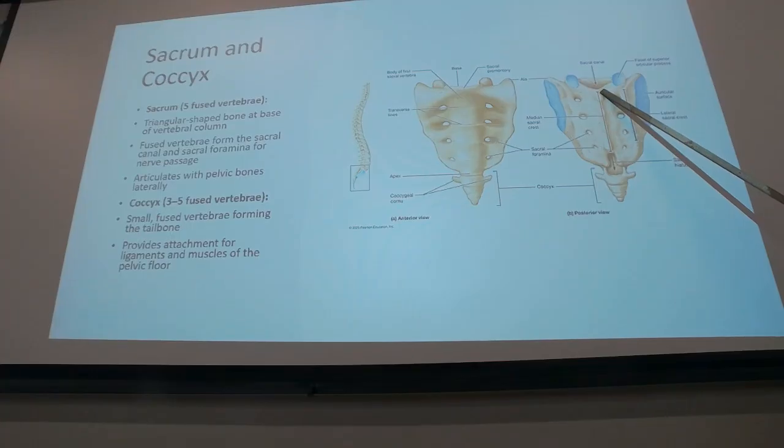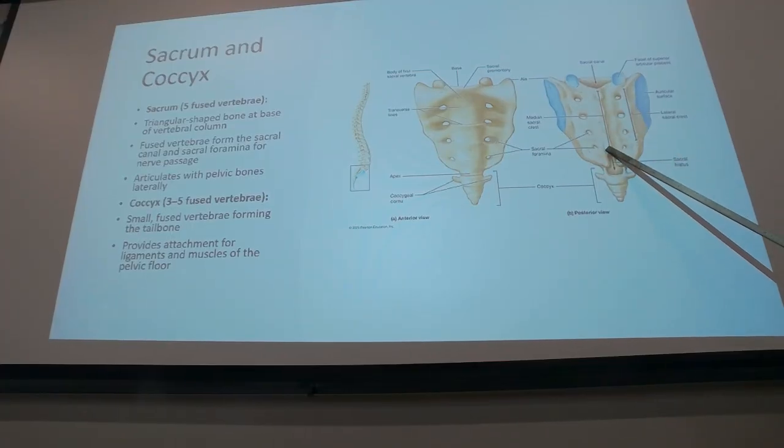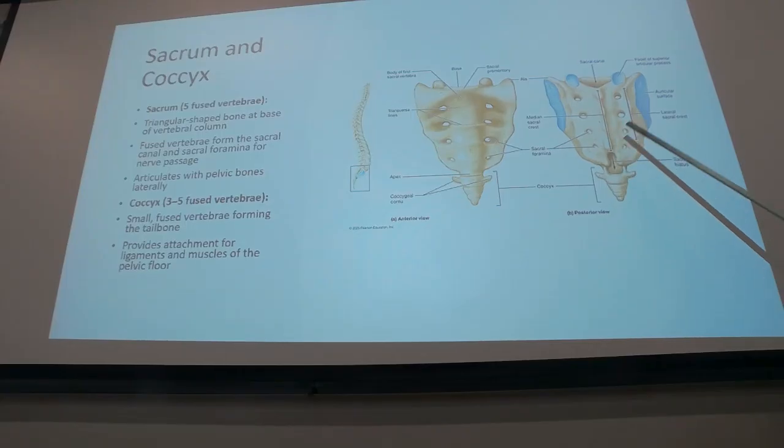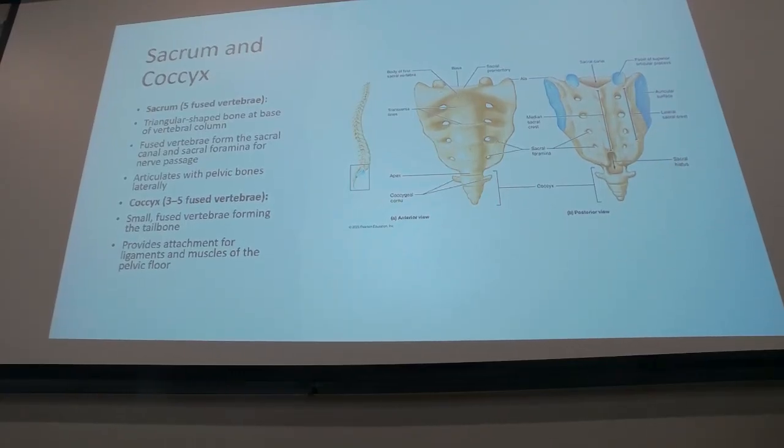So if the median sacral crest represents the fusion of the spinous processes, what does this lateral sacral crest represent? The fusion of what part of the vertebrae? The transverse processes.